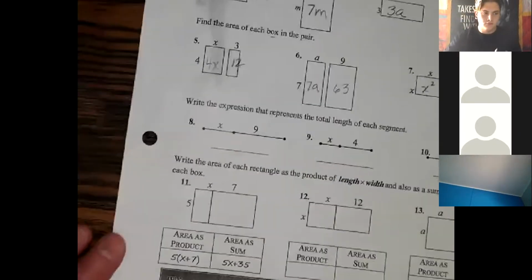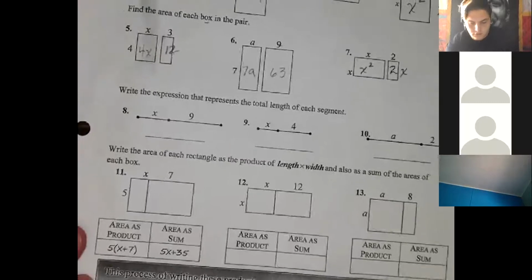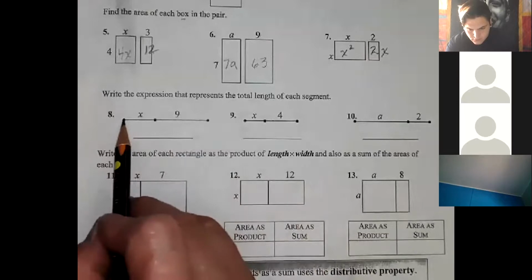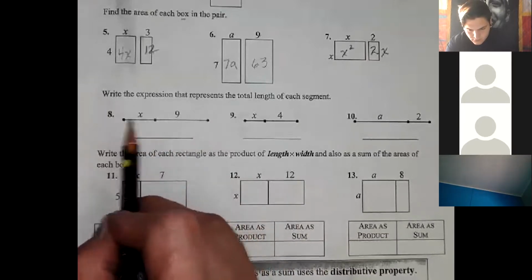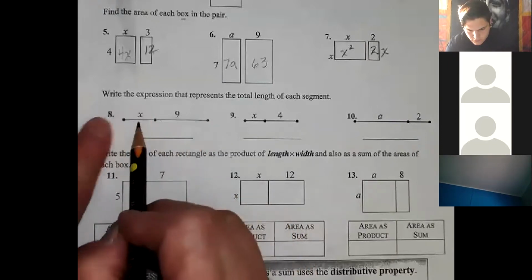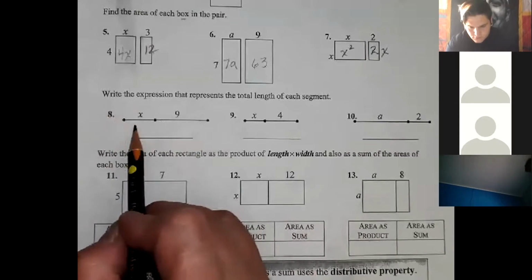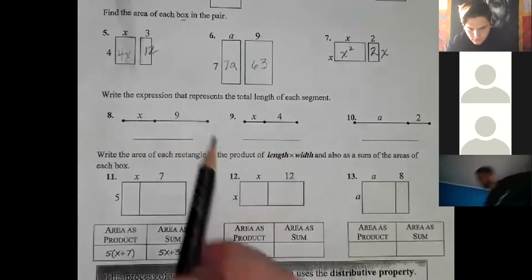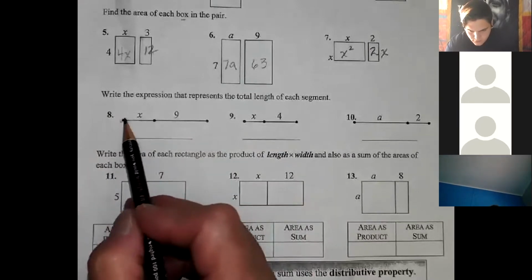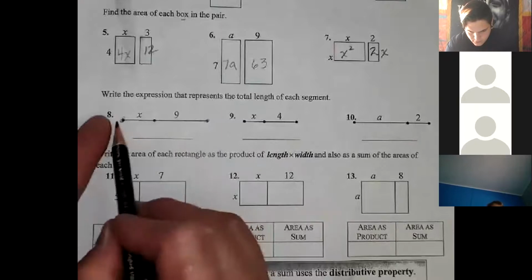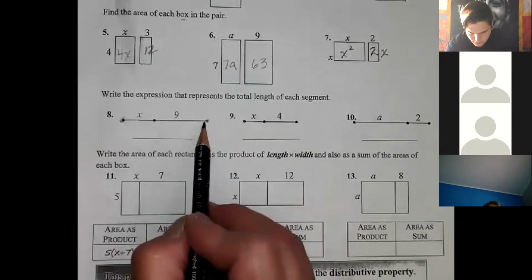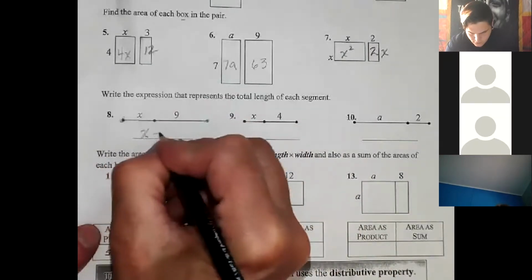All right, starting with this next part, this is a different idea. This time we have this length here. I know that this part of it is a length of 9. This part of it is a length of X. I don't know how long X is, but if I wanted to consider the whole length of the whole piece, I'd have to add this length to that length. So X plus 9.